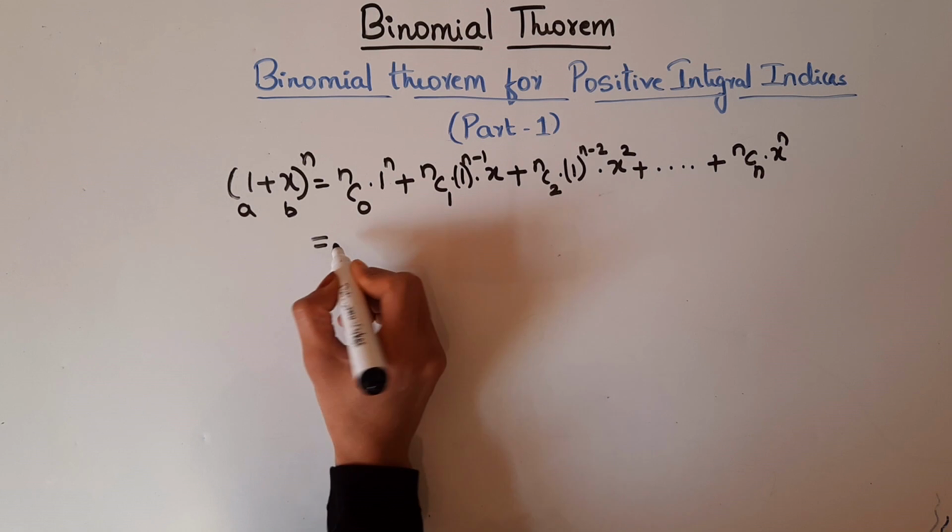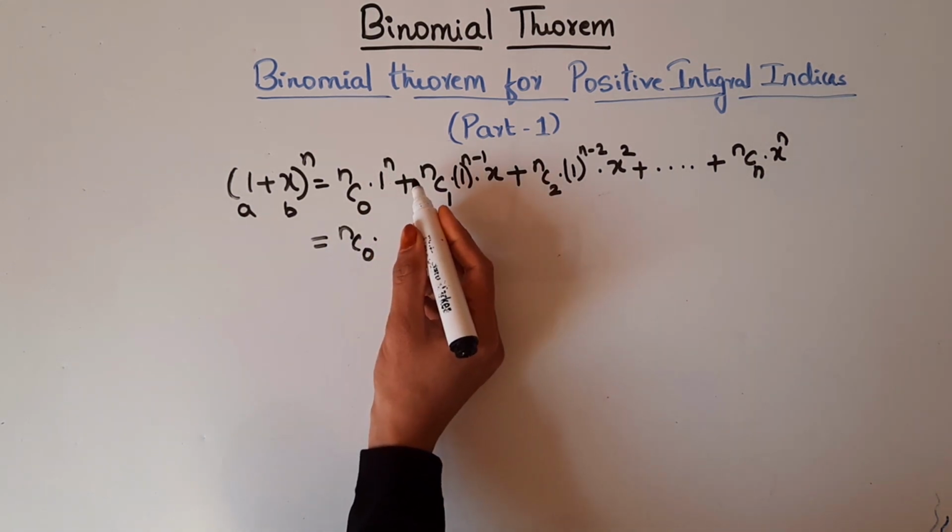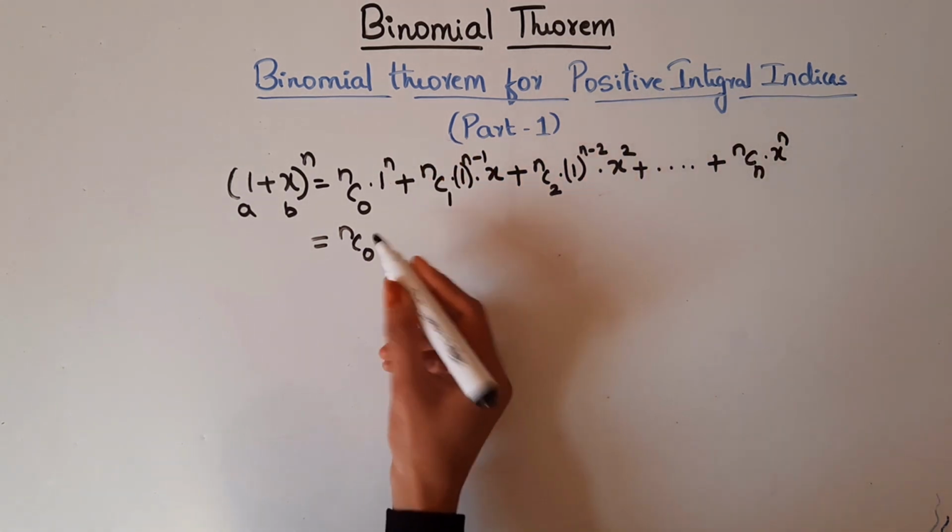So let's simplify this further. We have NC0 into 1 power n. 1 power anything is 1 itself, right?